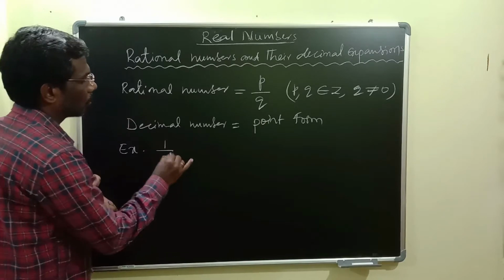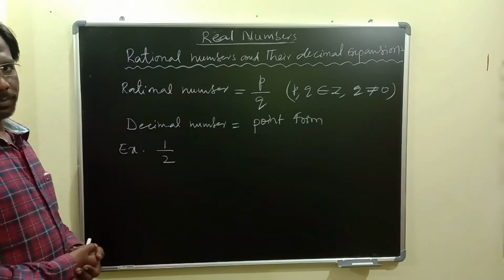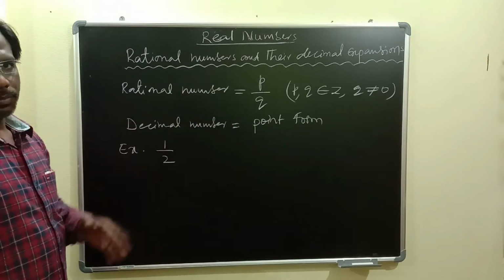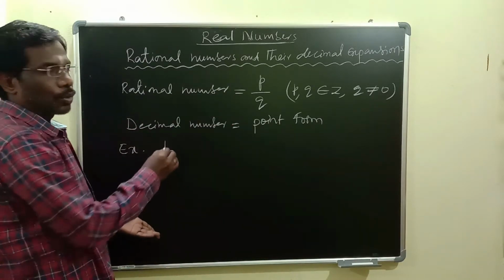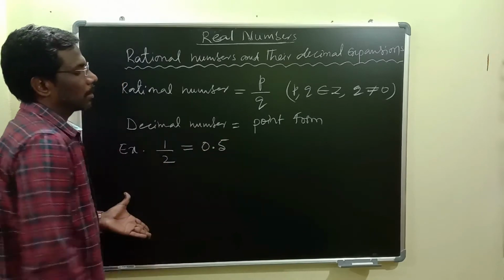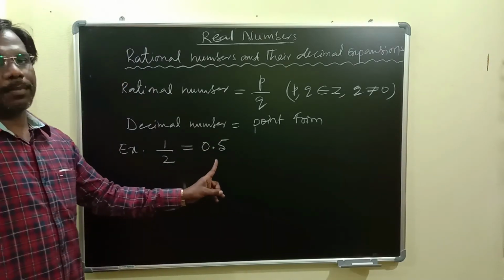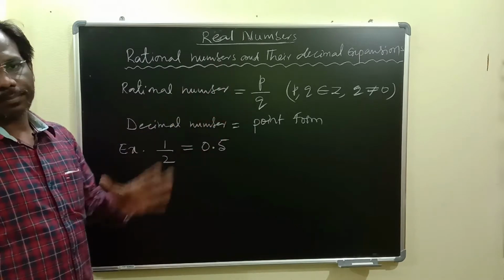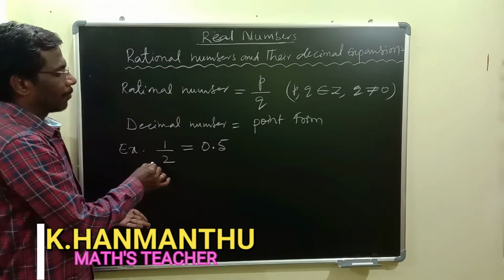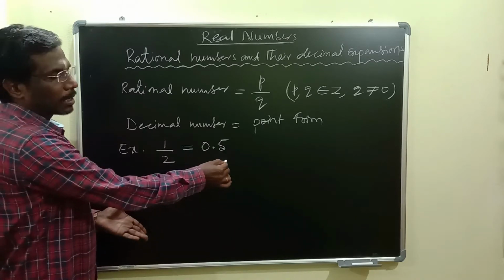For example, 1 by 2 is a rational number because 1 by 2 is in the form of p by q. If 1 is divided by 2, we get 0.5. This point form number is called a decimal number, decimal form. So this is the fraction form and this is the decimal form.